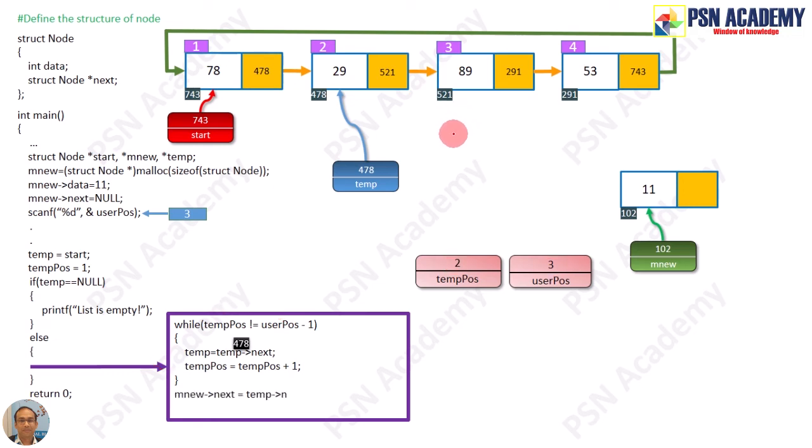Now we write MNew next equal to temp next. The temp next is 521, this one. So MNew next, that means this one, will be pointing to 521, like this.